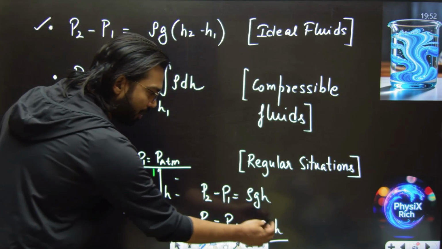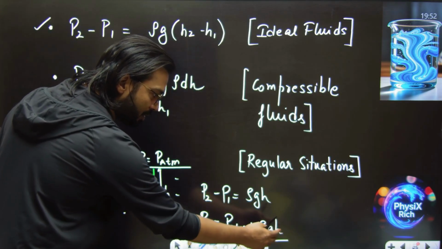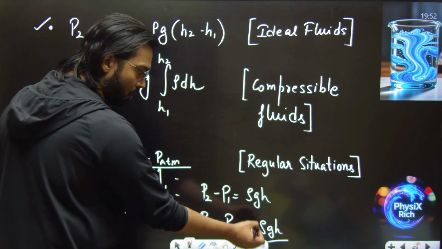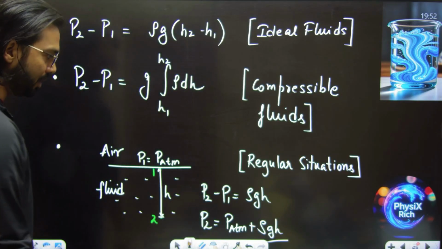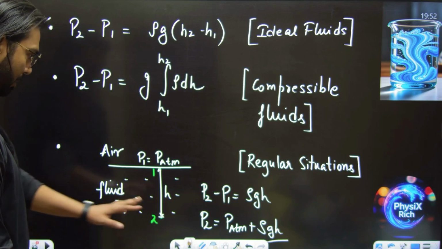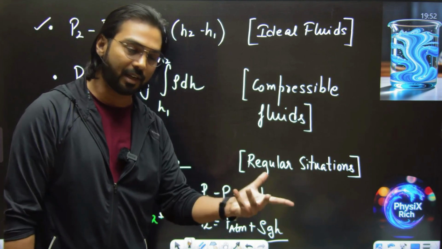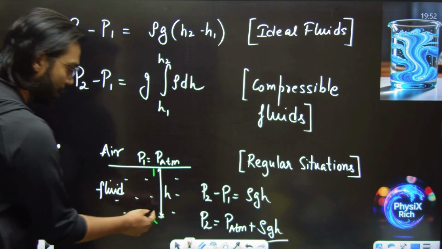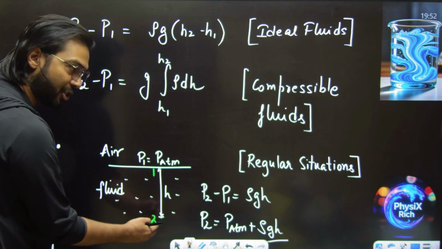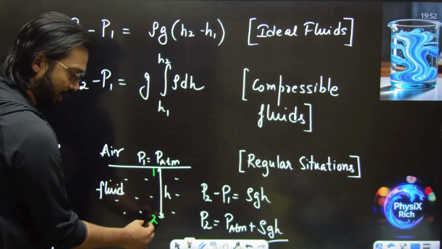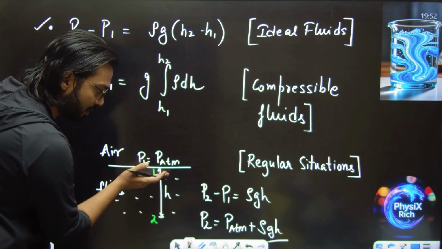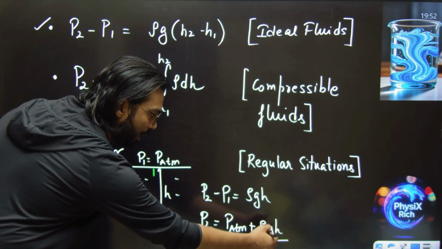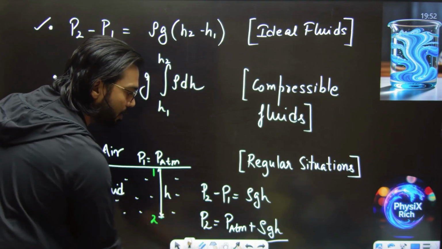I have not used the symbol D for depth over here because some people will then confuse it for density. Density is specifically written with rho, and I have omitted the usage of the symbol D because sometimes in calculus the symbol D appears. That's why H is most commonly used over here. And this point 2, where we want to calculate the pressure, we get interested in how deep it is from the surface. That is multiplied by rho g to find the pressure only due to liquid, and then added with PATM. Okay.